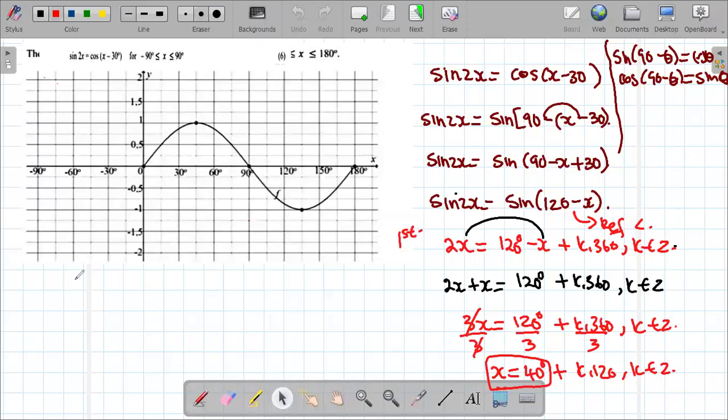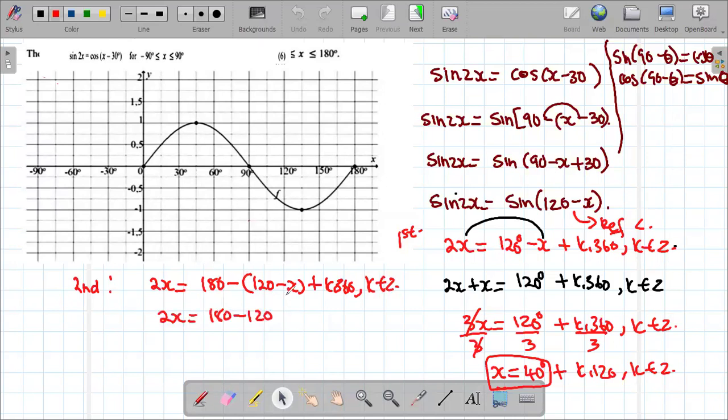The second quadrant will be 2x equals 180 minus the reference angle, which is 120 minus x, plus k 360, where k is an element of integers. So 2x equals 180 minus 120, plus x, plus k 360, where k is an element of integers.